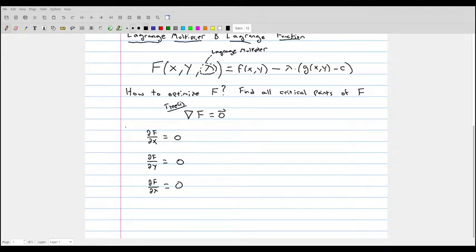And this gives us a system of 3 equations that each have to hold at any critical point of this new Lagrange function, capital F. And it turns out that these 3 equations have actually a lot of geometric significance.